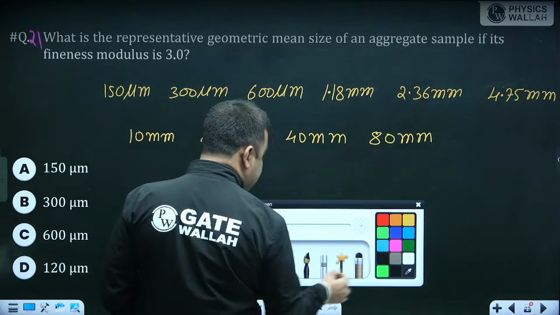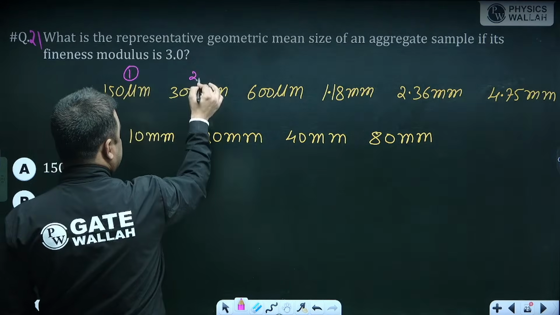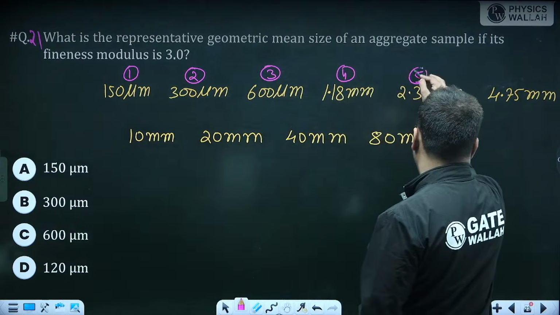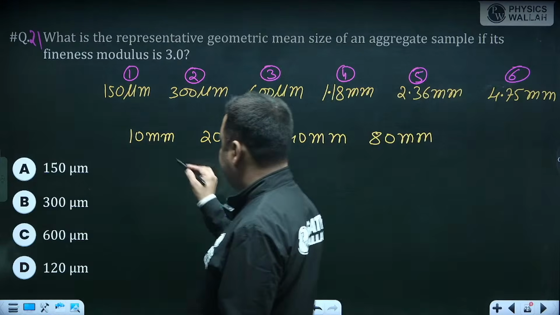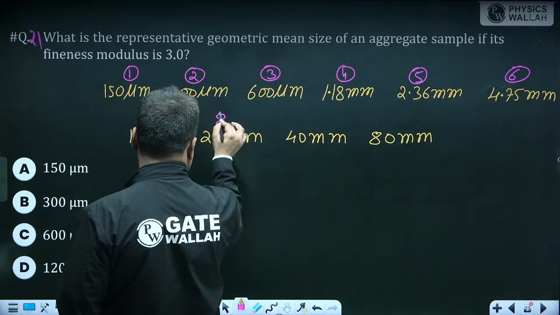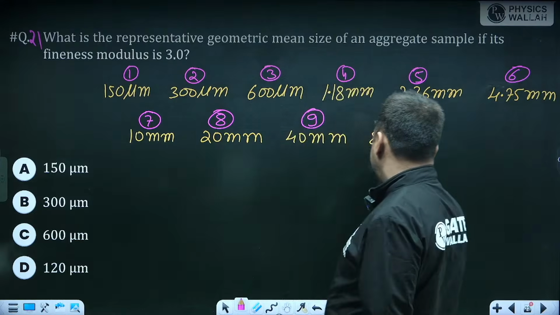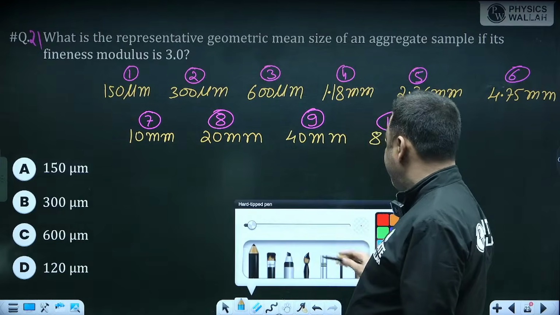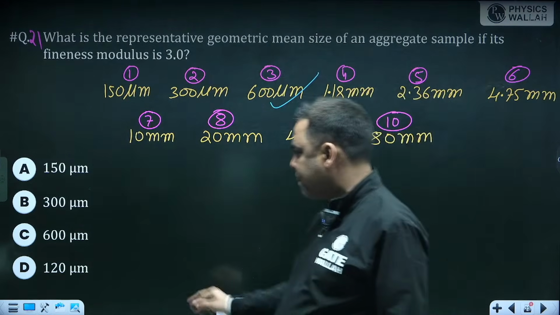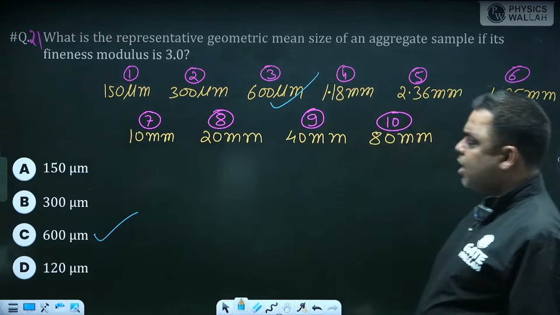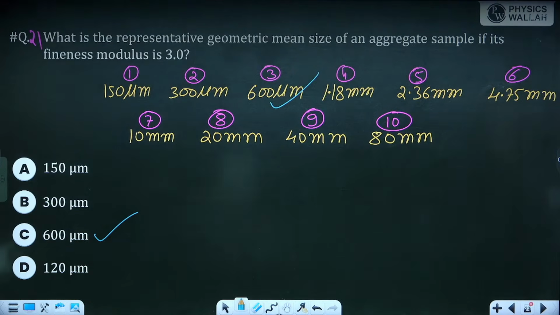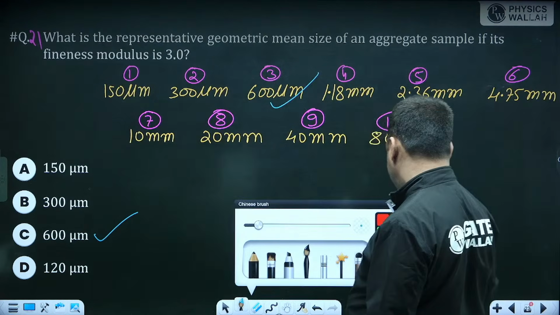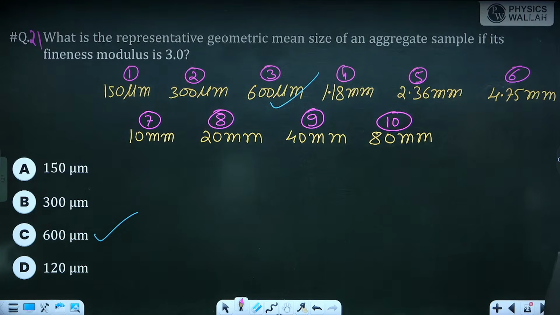The numbers associated with them: first, second, third, fourth, fifth, sixth, seventh, eighth, ninth, 10th. So what would be the answer? Third is right, 600. Agreed, everyone?